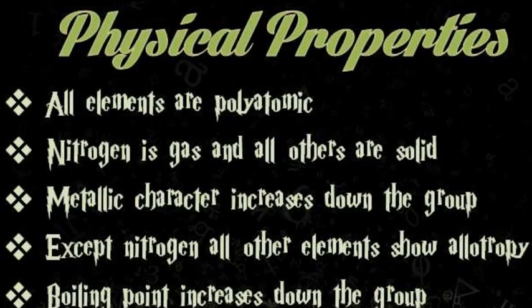And the next property is the ionization enthalpy. Ionization enthalpy decreases down the group because there is a gradual increase in the atomic size. Ionization enthalpy means the energy which is required to emit the electron.